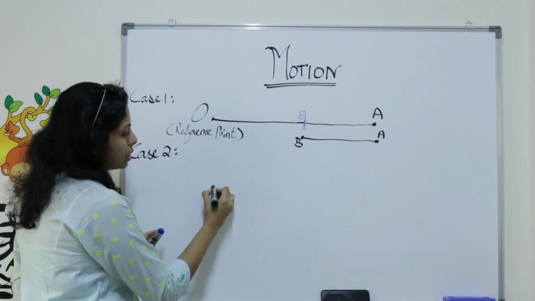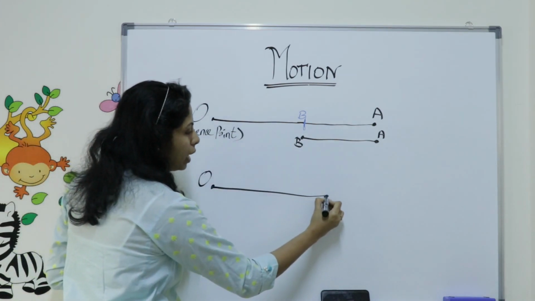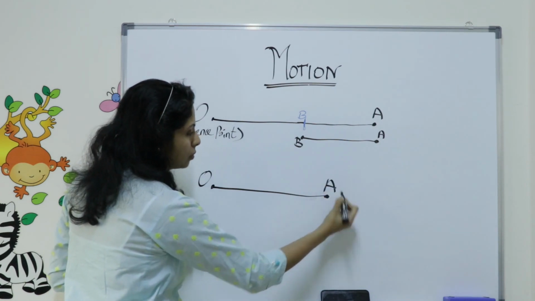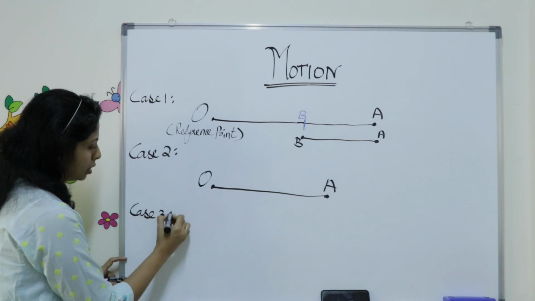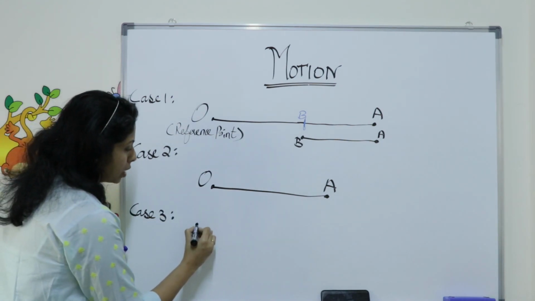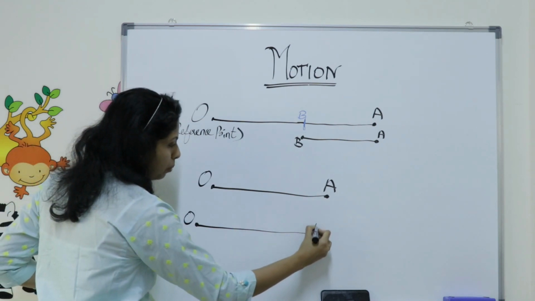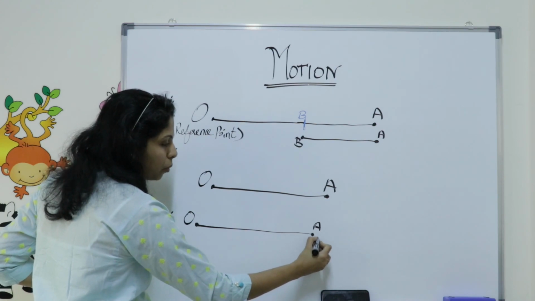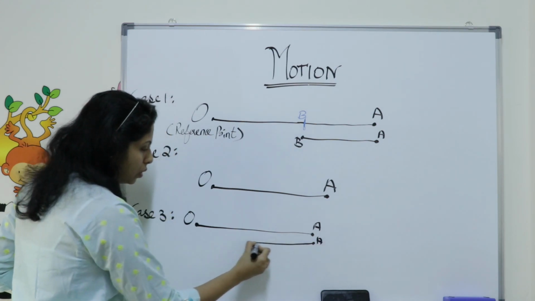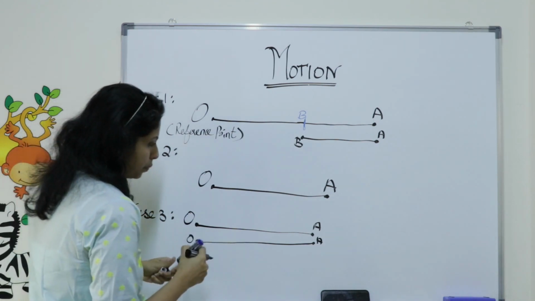An object travels from a point O to a point A. Now, case 3. Let us consider an object travels from point O to a point A, and again it travels from point A to the point O.